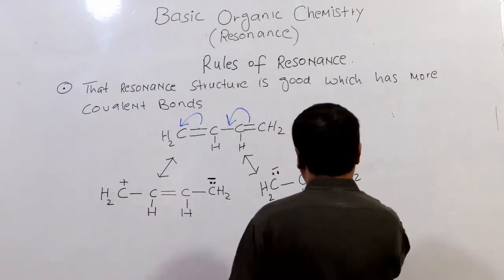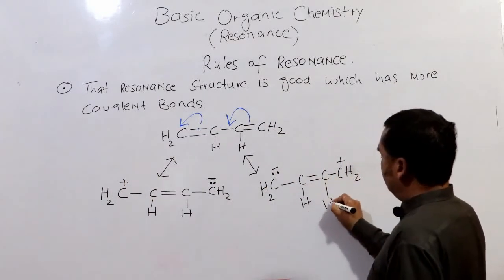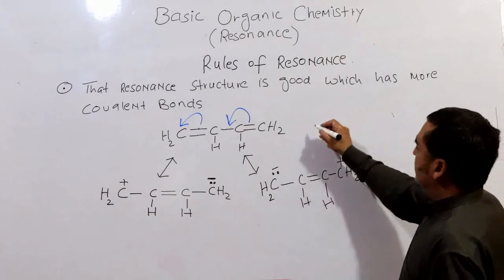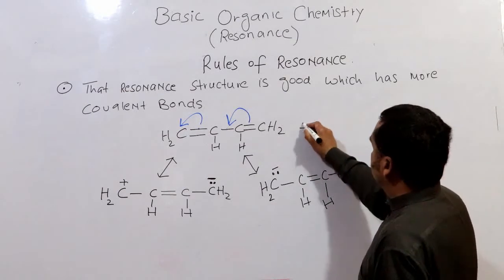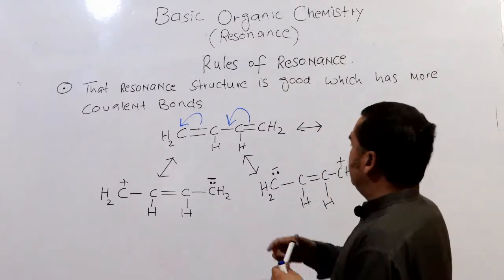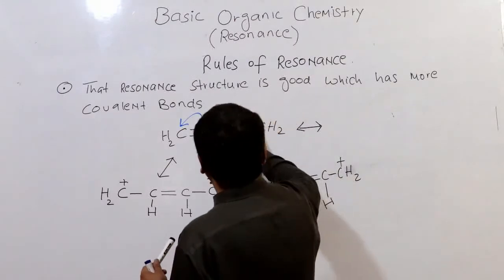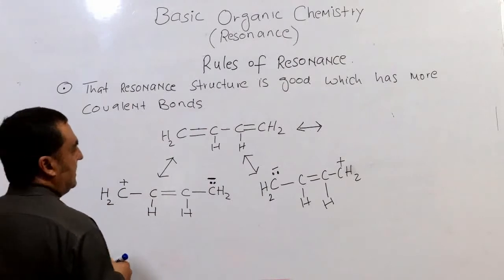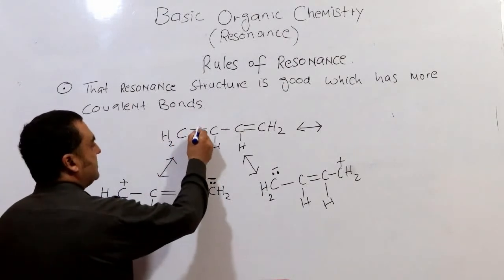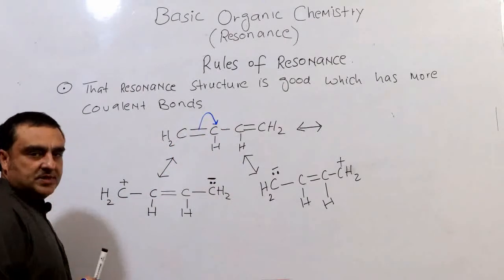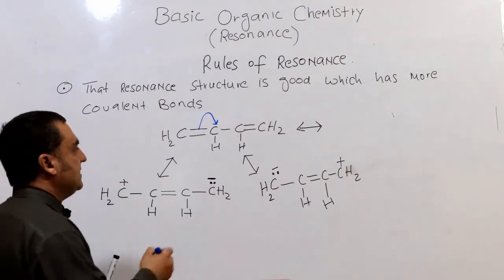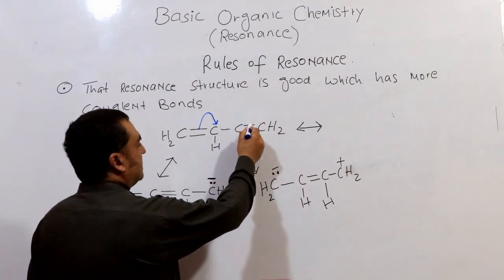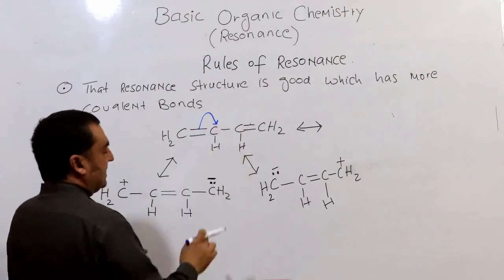So these structures are almost similar. In fact, I should have drawn this hydrogen, but there is another structure also, and you should see it. Suppose that these electrons come and sit on this carbon. It is very much possible. And these electrons are now not making a bond.